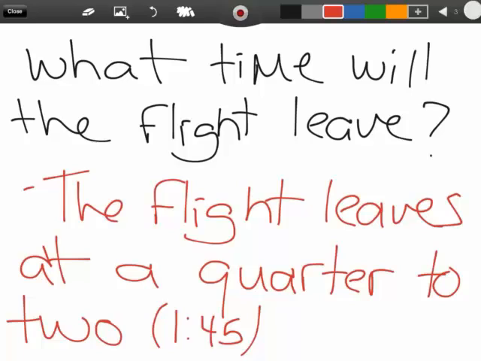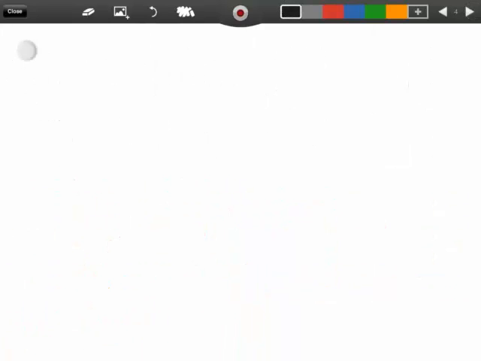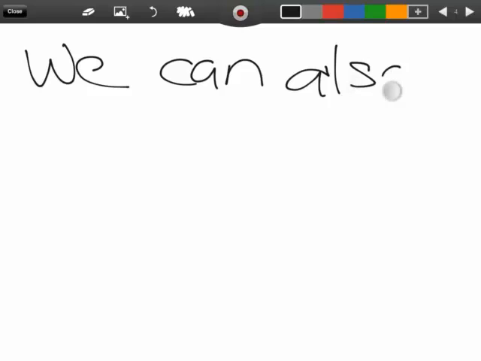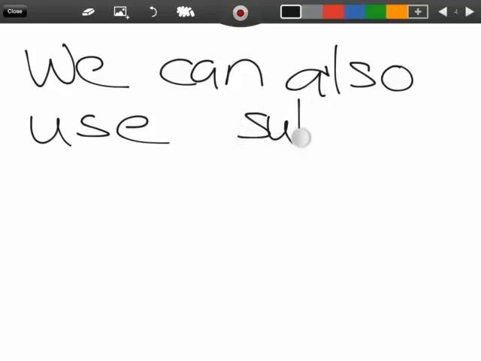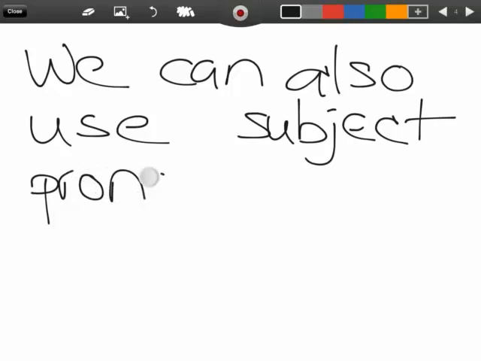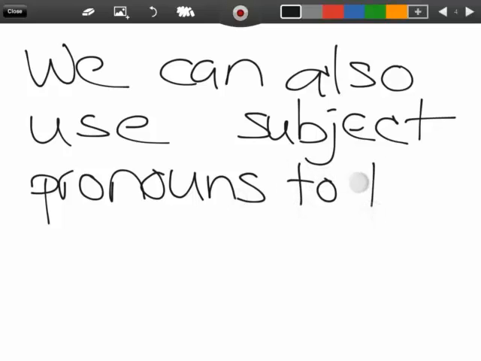Now moving on to our next section, we could also use pronouns when telling the time. I'm going to go ahead and write this. We can also use subject pronouns in these responses.